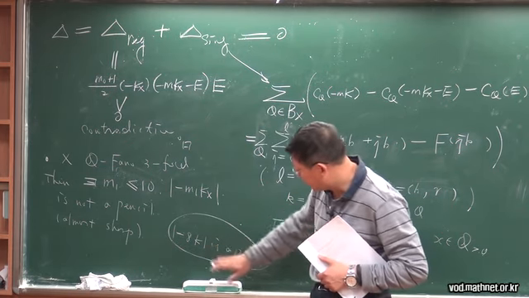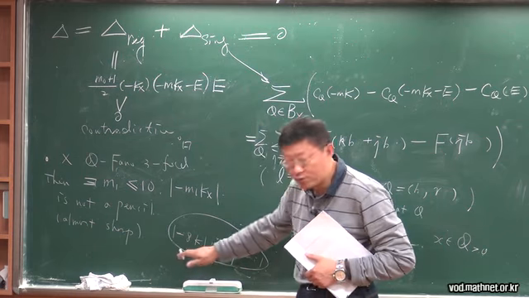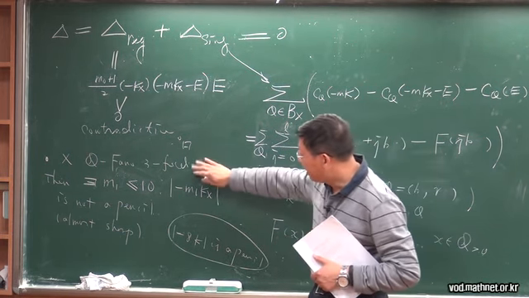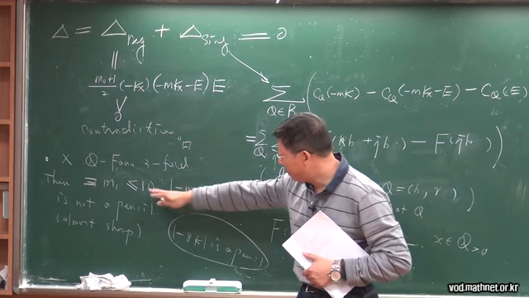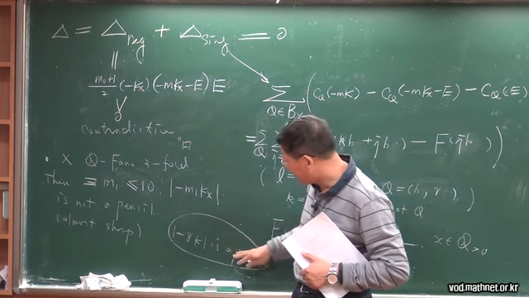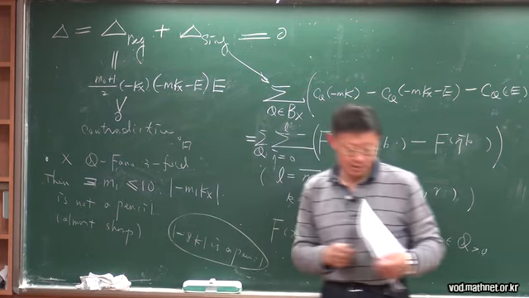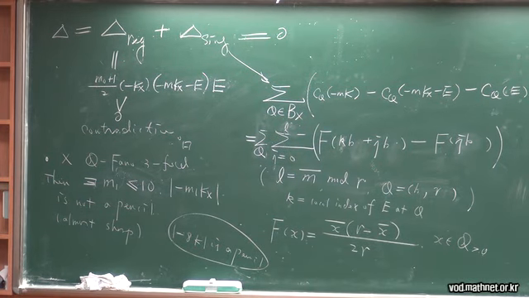We know that in this example, p minus 8 is 2. Naturally, it's not a pencil. But anyway, we can prove that in this case, we can take m1 to be 10. Then this is not a pencil. So this is almost optimal. So how about another case, when X is weak Q-Fano?